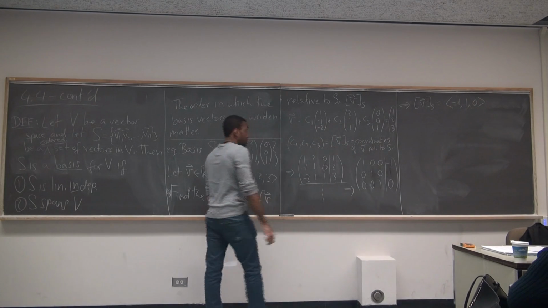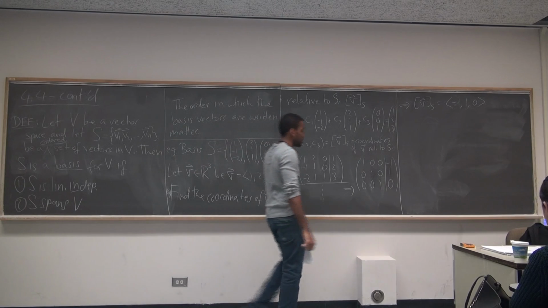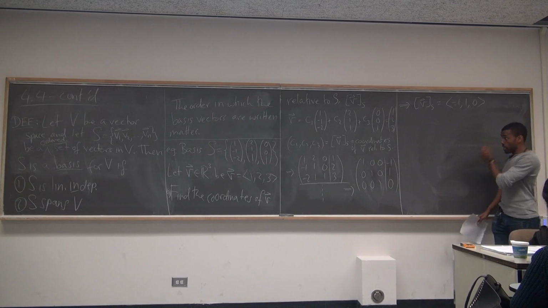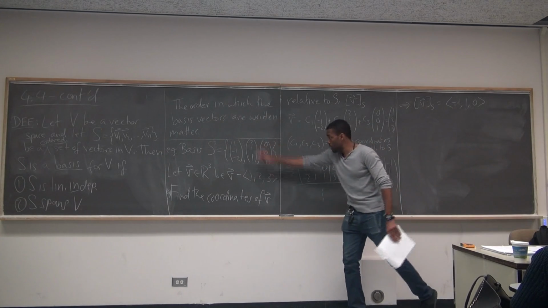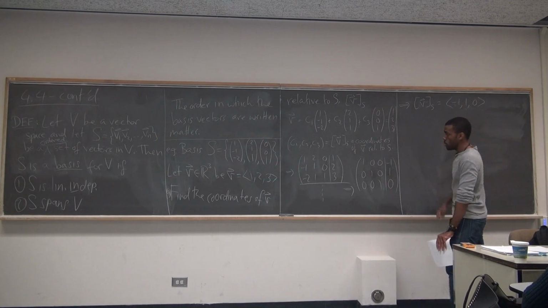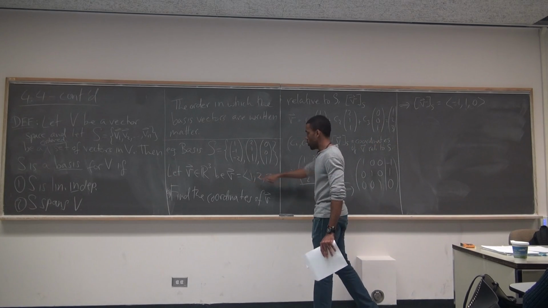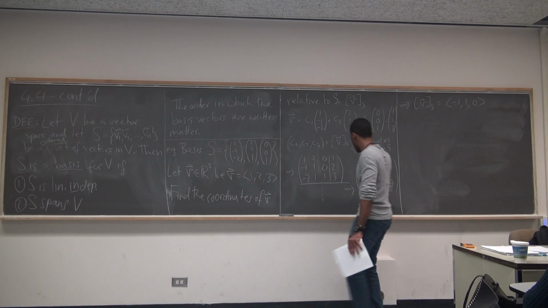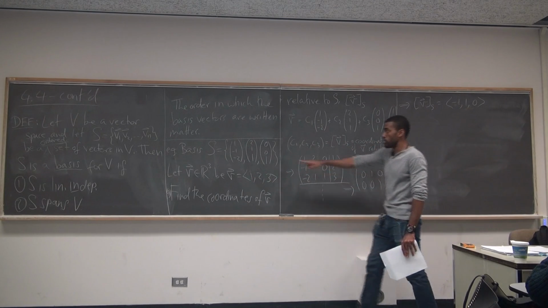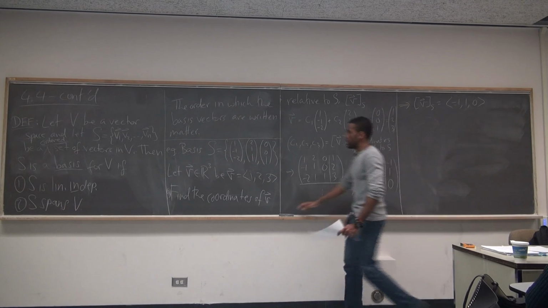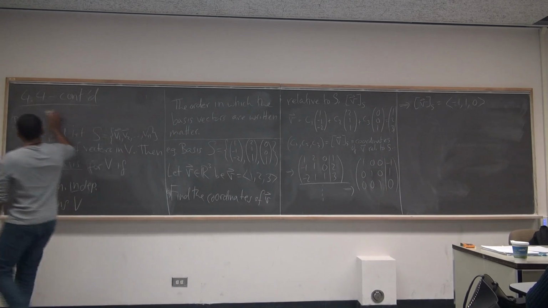Those are the coordinates of v with respect to S. So if we're not thinking in terms of ijk notation, that would be how we look at this vector. So this vector (1, 2, 3), 1i plus 2j plus 3k, is actually this vector in terms of these basis vectors, because they're the coefficients. Part B.